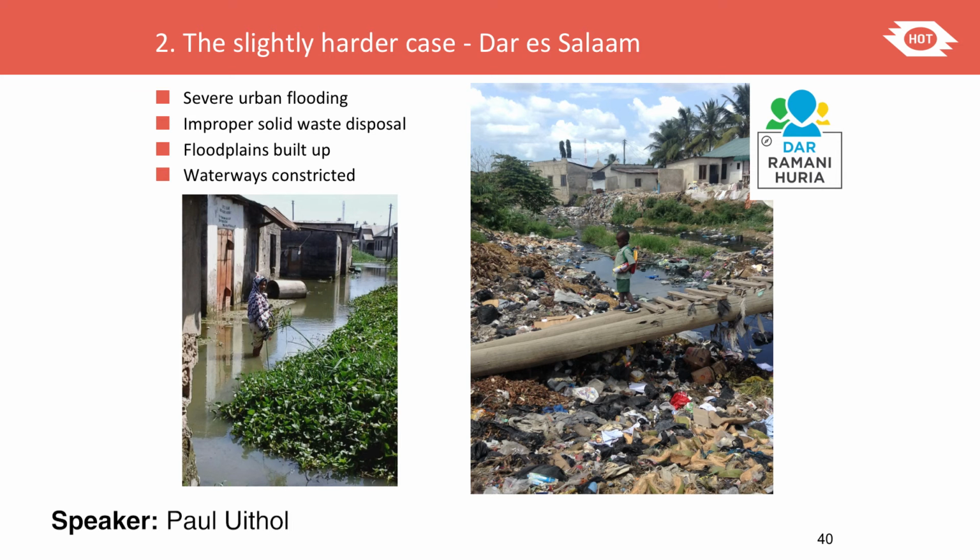It's a city suffering from numerous issues, and due to that rapid growth, the project we're running there is focused on drainage and flooding issues, drainage waterways, and trying to improve infrastructure to cope with that. A lot of associated problems there: floodplains being built up, waterways constricted, improper solid waste disposal.